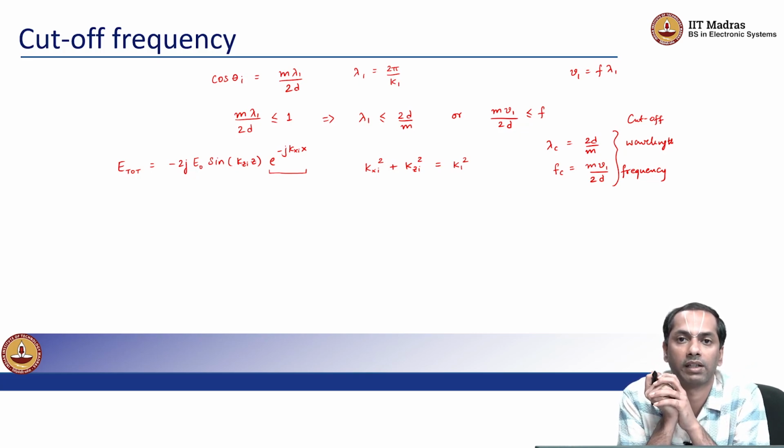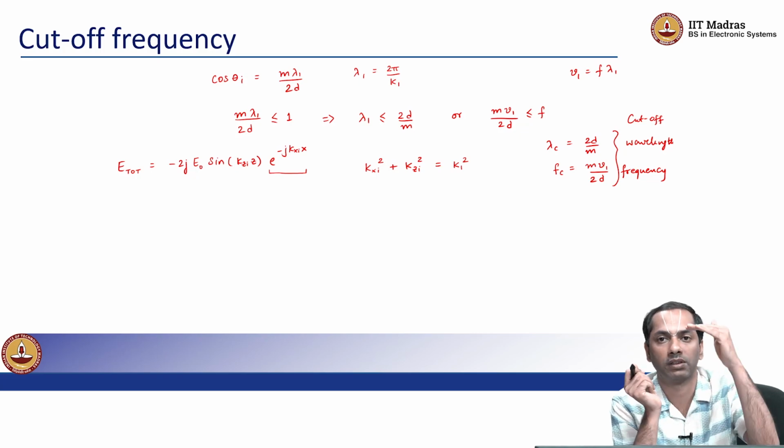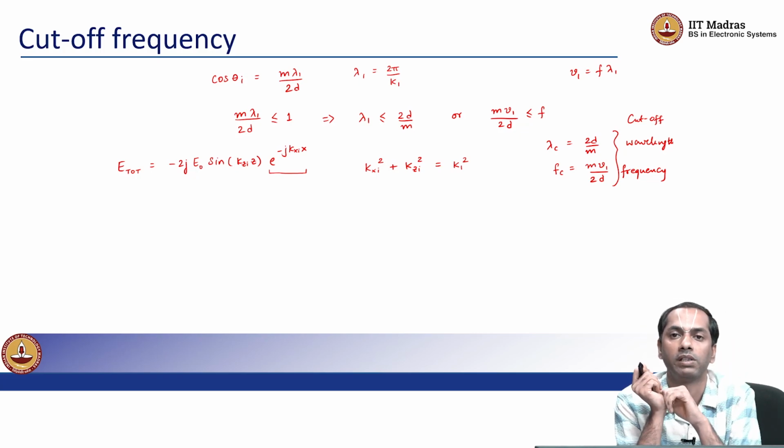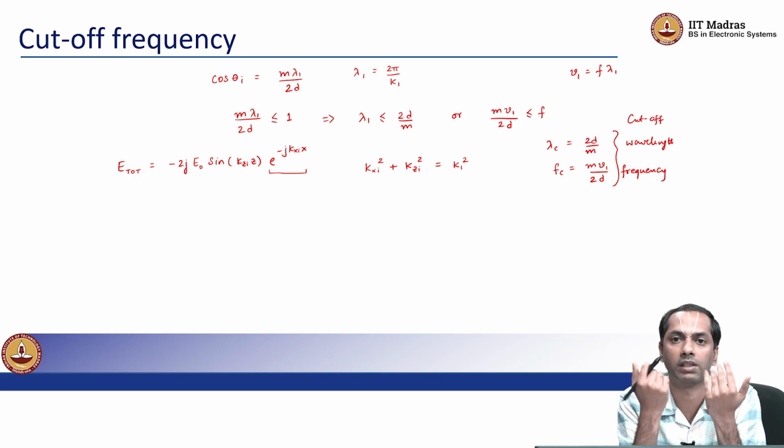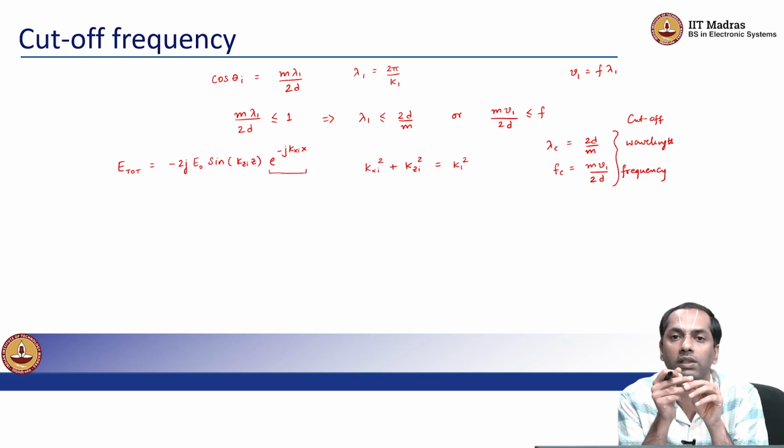Because visible light has very high frequency. It is in the order of hundreds of terahertz, right? And of course, the parallel plates are at the top and bottom of my vision. I can certainly see through the waveguide, right? Which means optical beams are able to go within the waveguide, right?